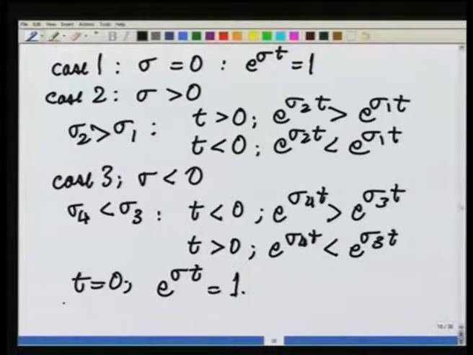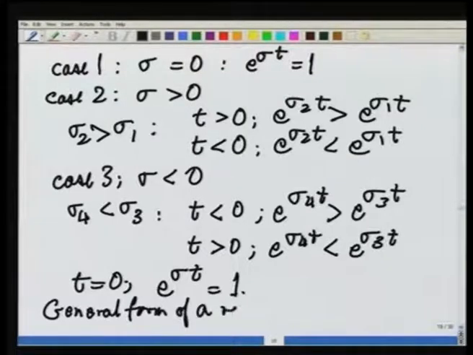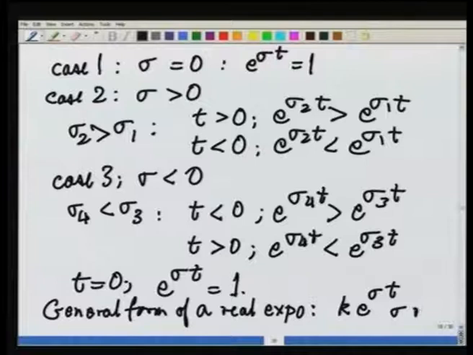So, the general form of a real exponential is some k times e to the sigma t, where sigma is real. This concludes the discussion of the real exponential.